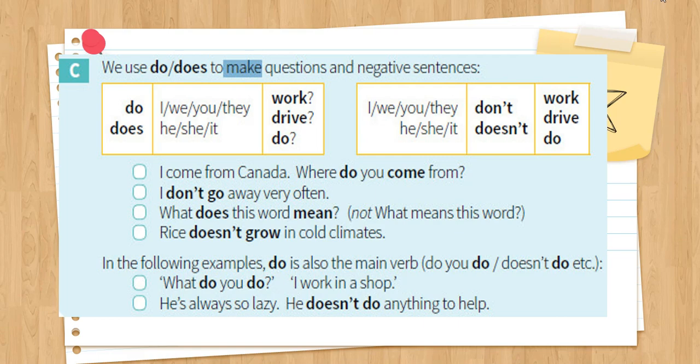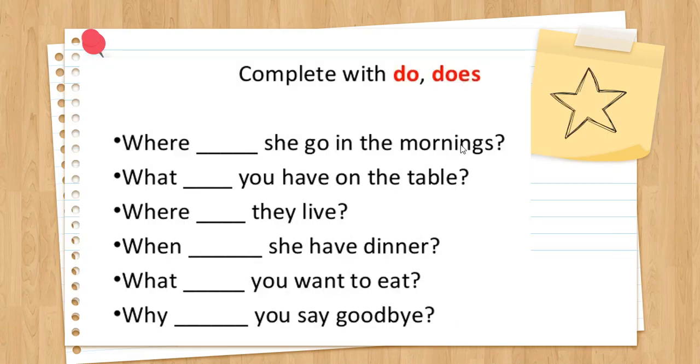Now look at these sentences. This practice is for you. Okay, it says complete with do or does. Where she go in the mornings? Remember what I explained. Where? What is the correct answer? Yes, it's does.